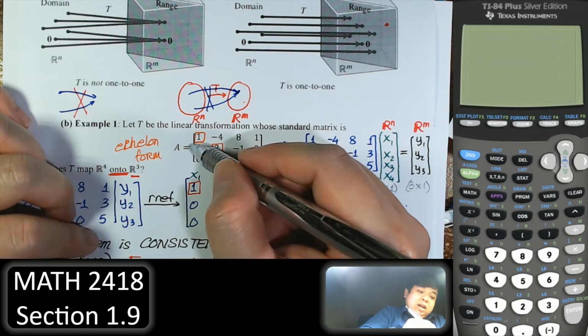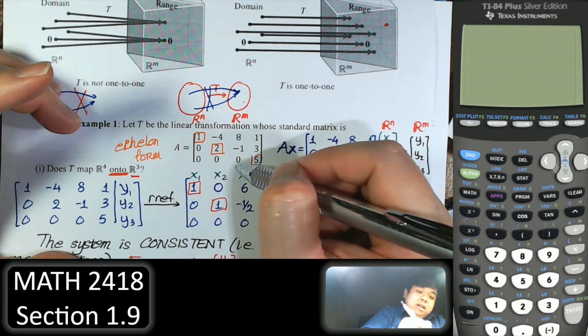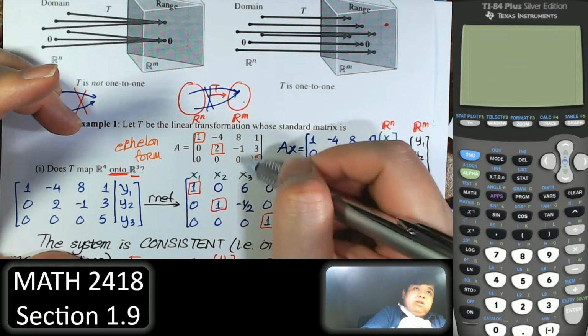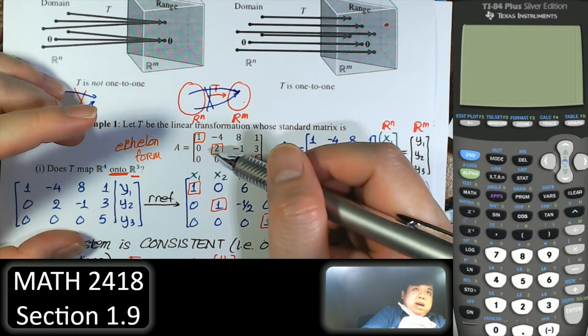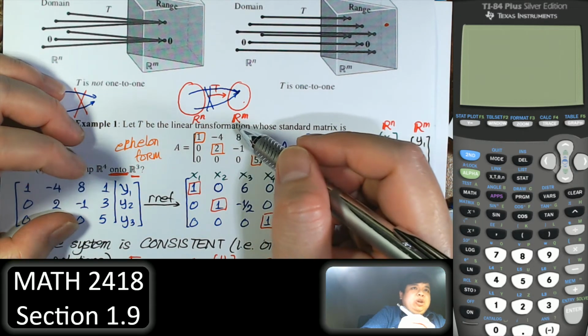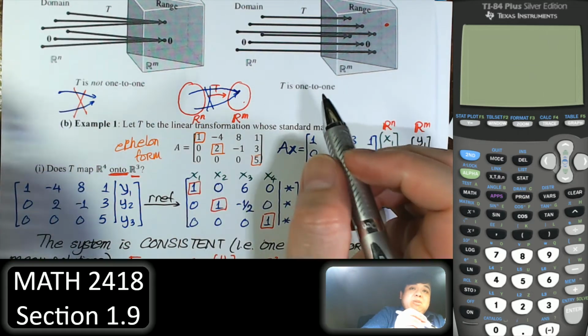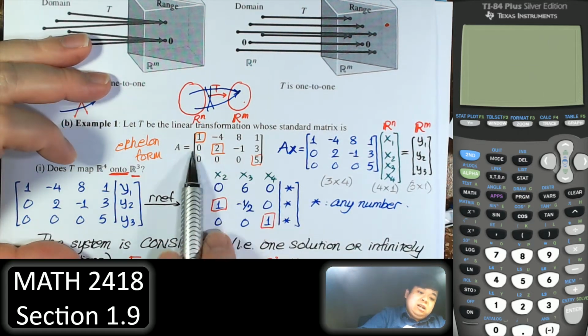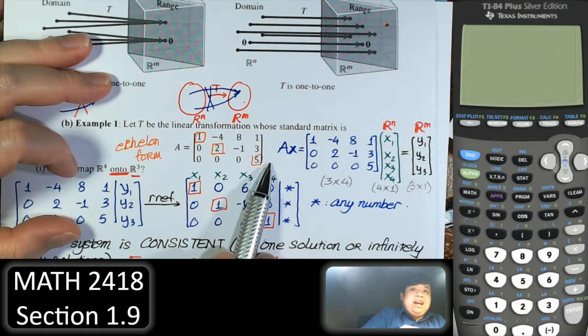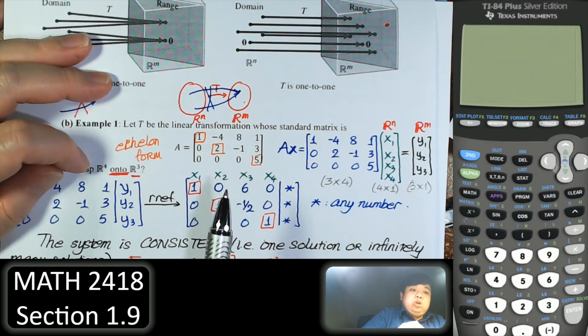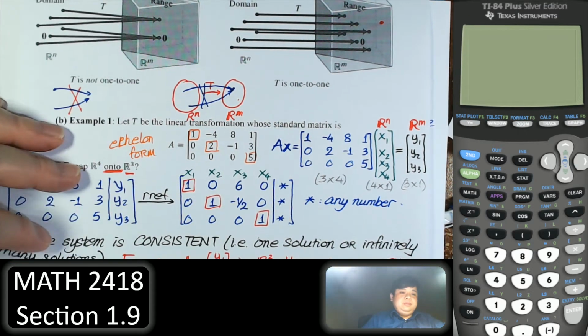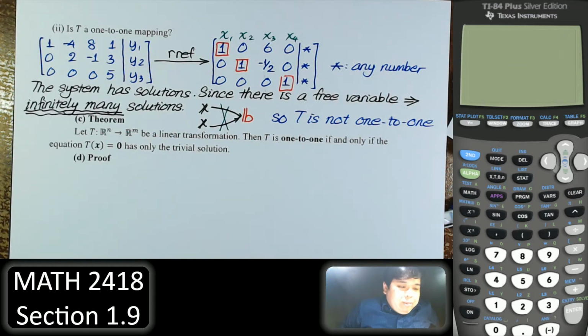And in the echelon form, this variable is free, so there will be infinitely many solutions. So the echelon form is enough to say that this one has a solution, but the solution is not unique. Right, we get back to all that.